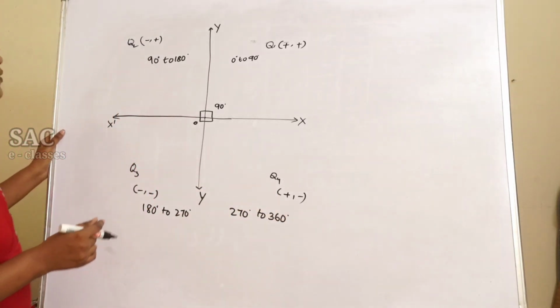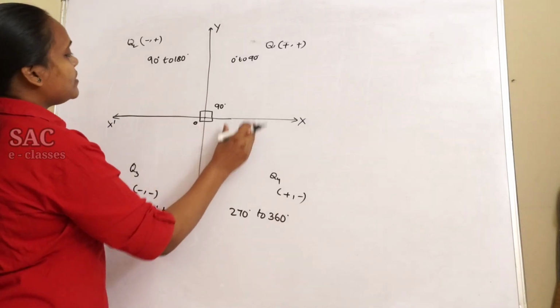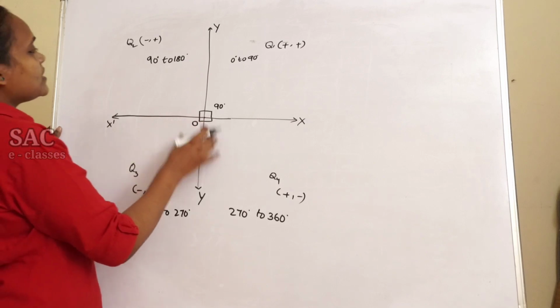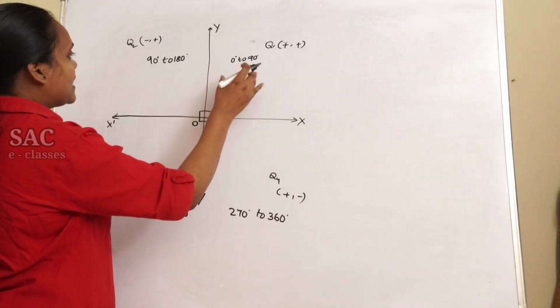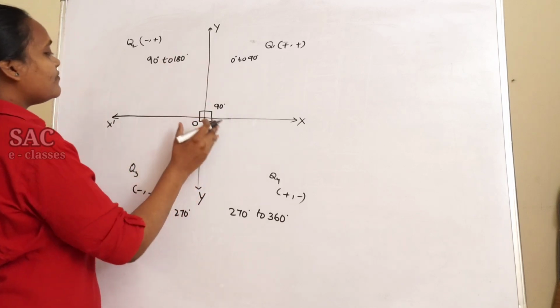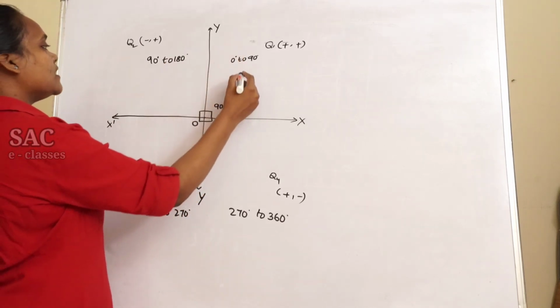Now, in what way can you find out the angles? Whichever angles are less than 90 degrees but above 0 degrees will lie in the first quadrant.